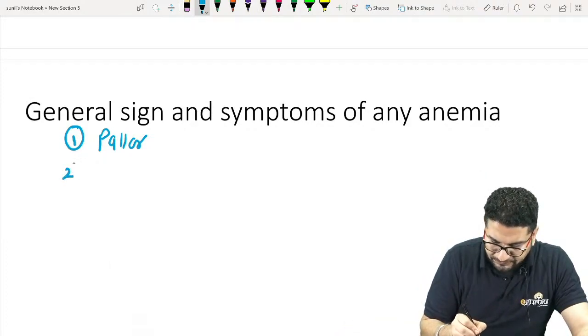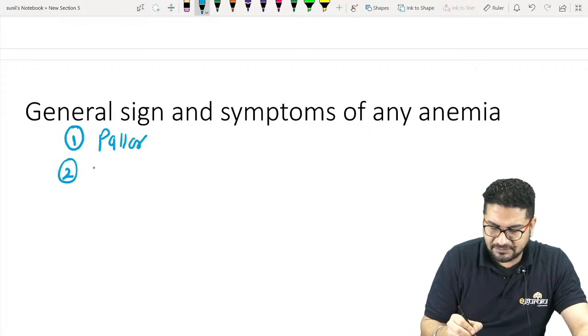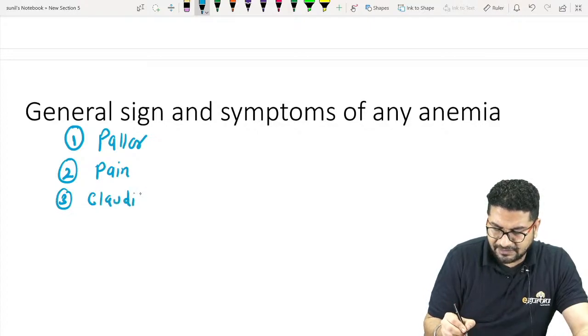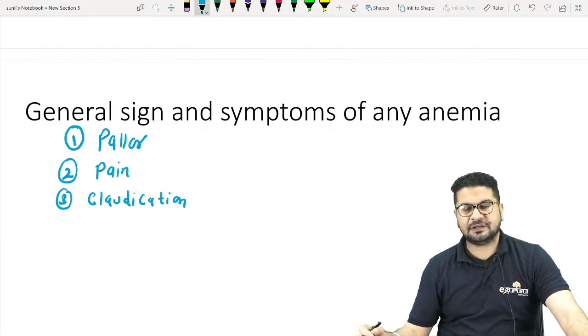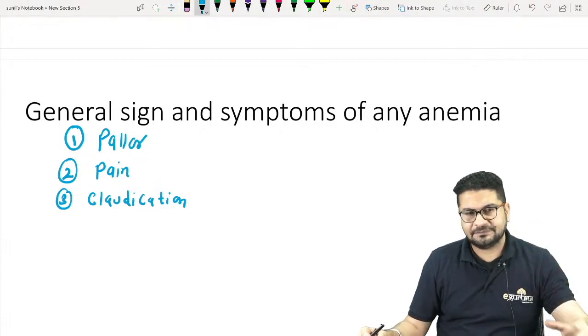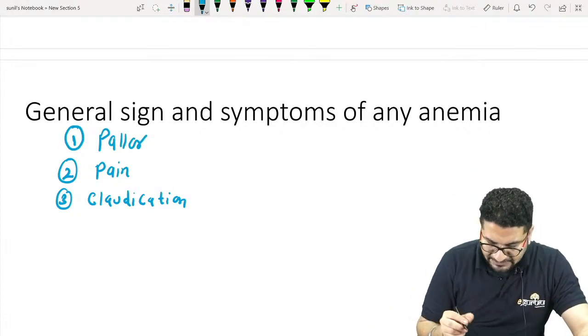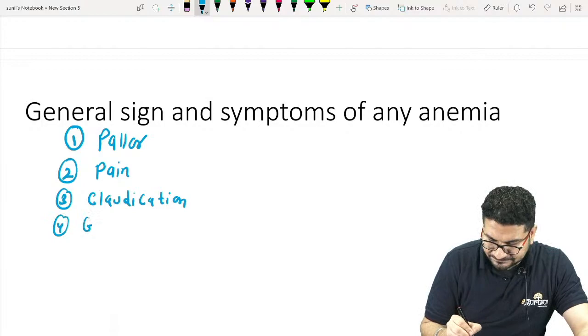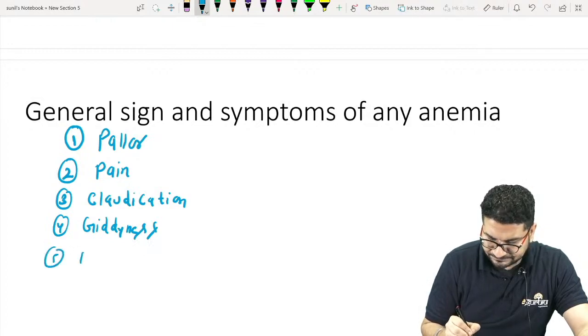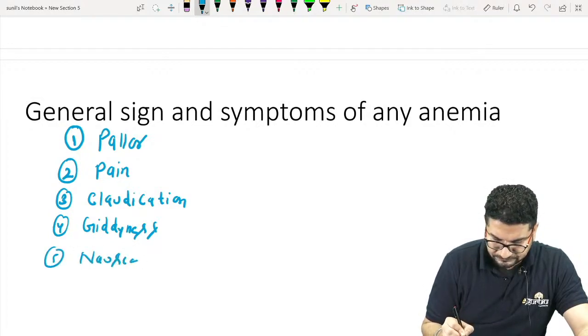Along with pallor, patient can have intermittent pain, which we call claudication. The patient will complain of suddenly having spasm or spastic pain in the legs. Patient can develop giddiness. A female will tell you chakkar aate hain, ulti jaisa man hota hai. There can be nausea.